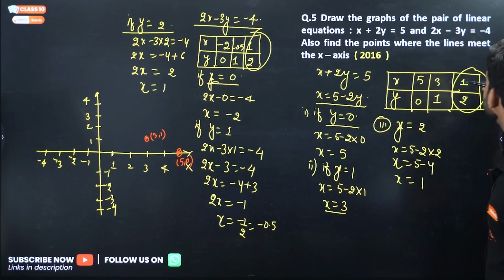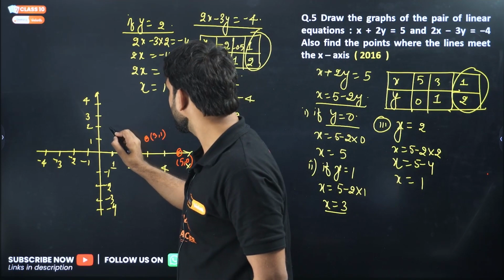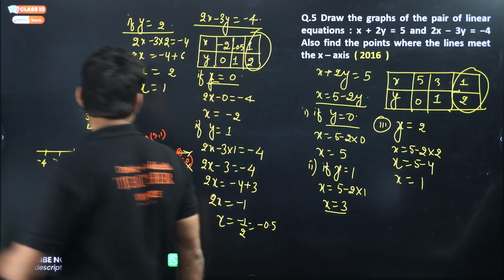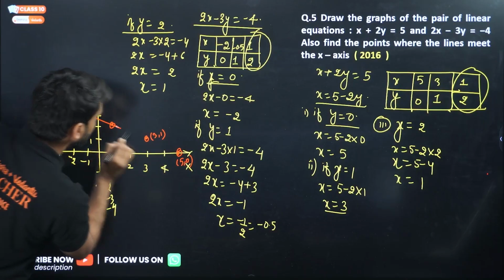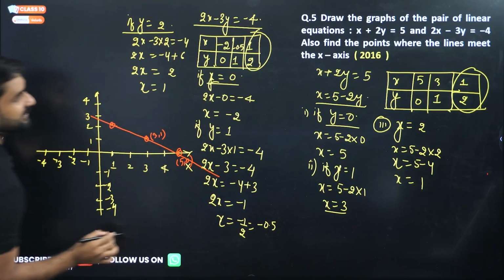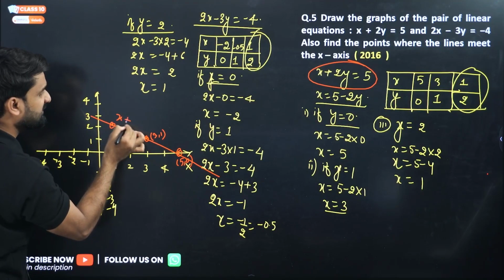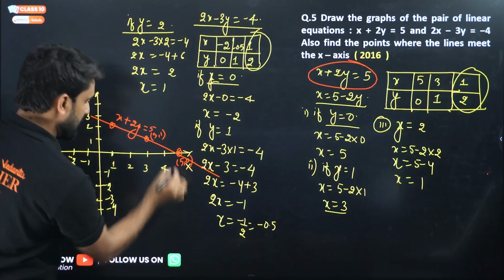When x is 1, y is 2, somewhere here. Okay, so can we connect these points? On connecting these points, this will be the line of this equation. So I can write here x plus 2y equals 5. I hope this is clear to you.